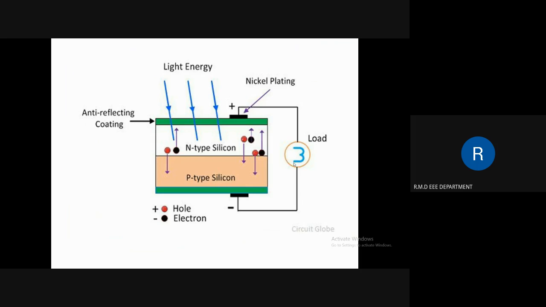The working of this PV cell. When light is incident on the semiconductor material, it may pass through or be reflected. The PV cell is made up of semiconductor material which is neither a complete conductor nor an insulator. This property makes it more efficient for converting light energy into electrical energy.